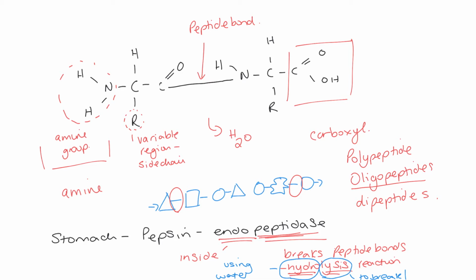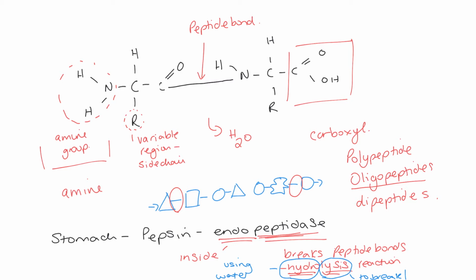So hydrochloric acid in our stomach performs three major roles. One is to kill any pathogens that might be present in the food that we eat by creating this acidic, hostile environment. Two is to activate pepsinogen into pepsin. And three is to provide the correct pH for the activity of pepsin.